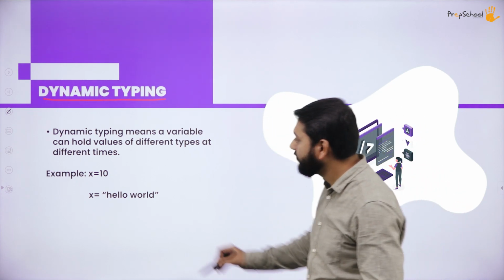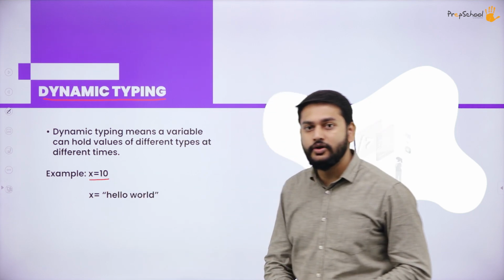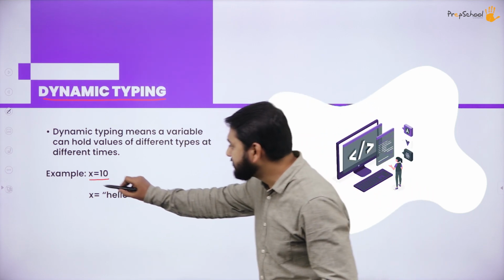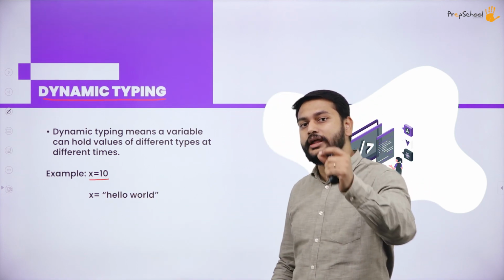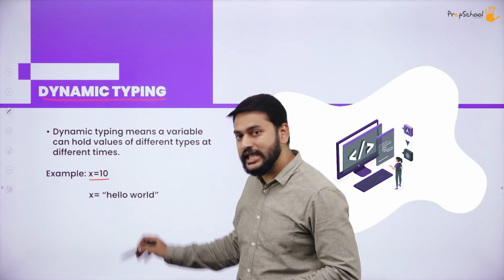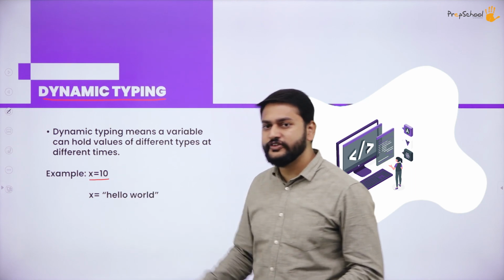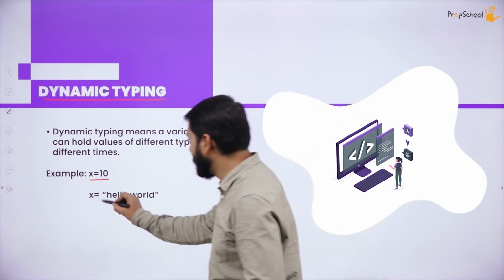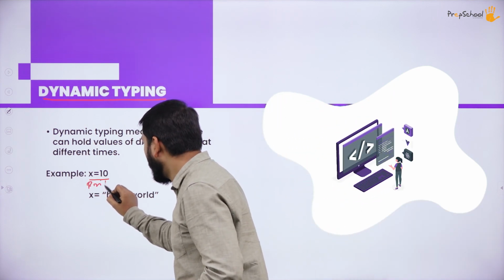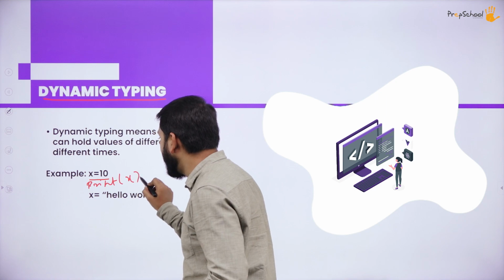When I have x is equal to 10, what type of value is x holding? x is holding 10. Is it holding 10 exactly? No, it is holding the reference of the 10. Let us imagine x is holding the integer data type. I will use the print statement here and print x.